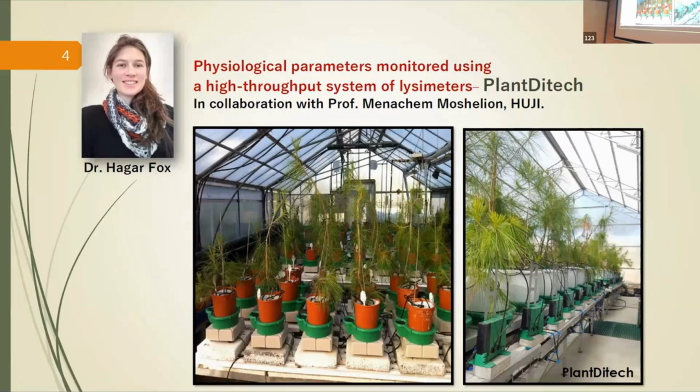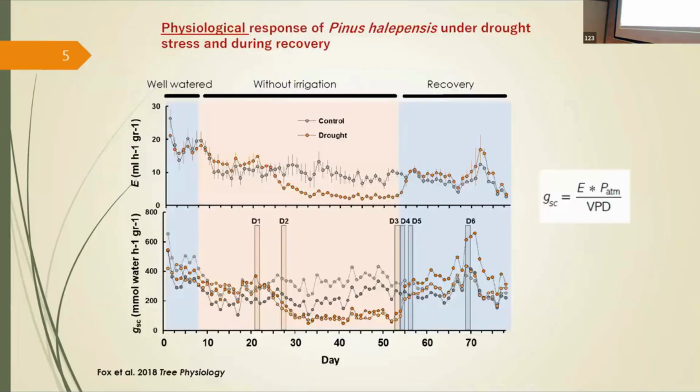Her master's included this experiment, and she tried to understand how pine trees respond to drought. It was very precise measurements. As you see in this graph, we measured the response to drought along 50 days, and then we irrigated them for recovery, and we also measured the response in the recovery phase.